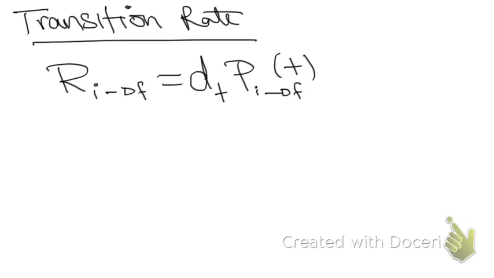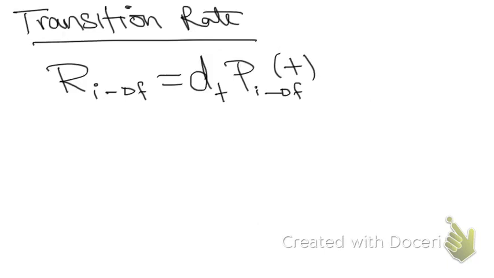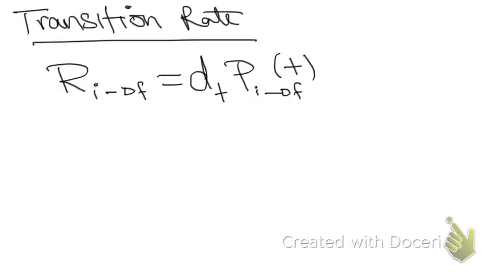So with this, all we have to do is take the time derivative of this equation over here. This equation, let's call it equation lambda. Let me go back here and look at this expression. Now we have to take the time derivative of this equation lambda that I just said, so let's go ahead and do that.